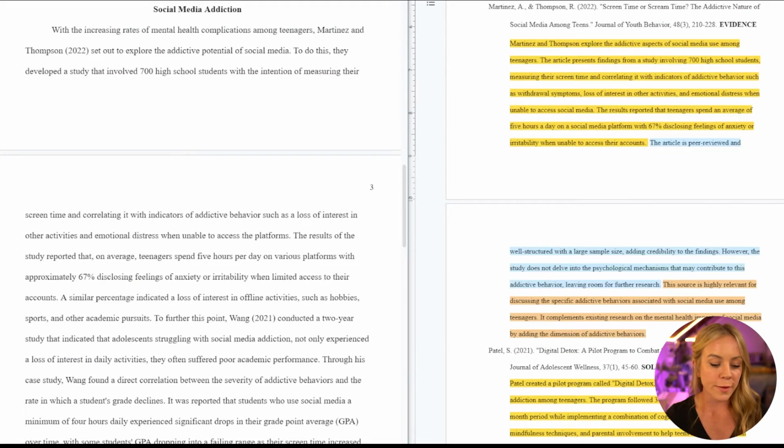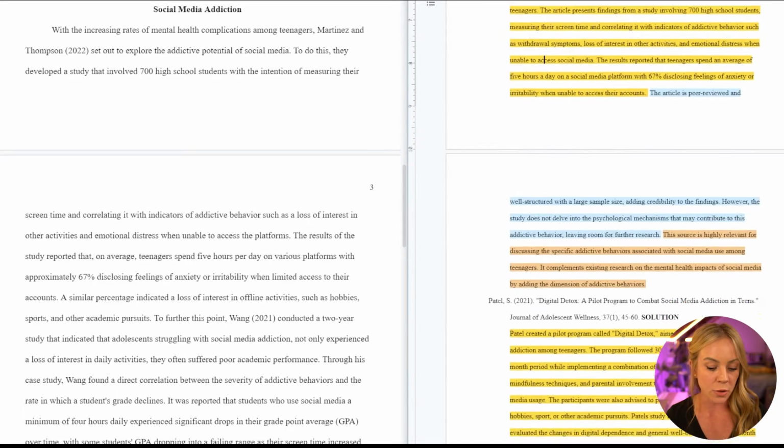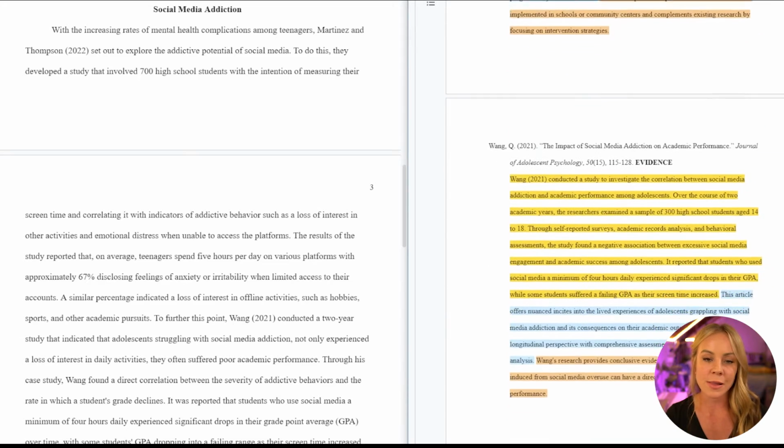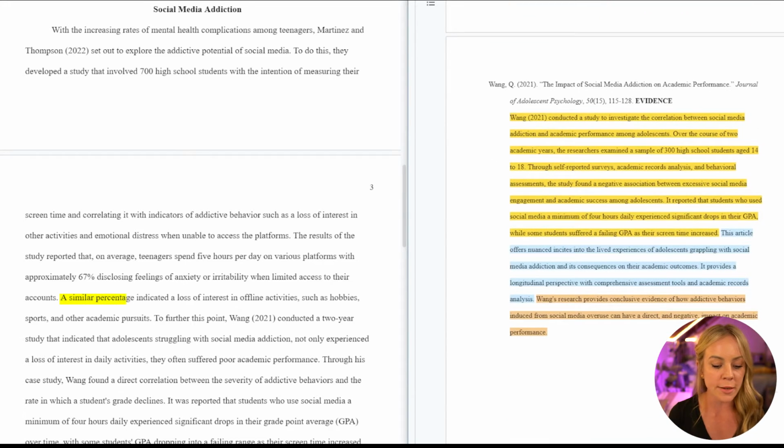So with that, we're finished with the first evidence annotation, and we feel like this is a good point to add in the second evidence annotation because pay attention to the last sentence. It says a similar percentage indicated a loss of interest in offline activities such as hobbies, sports, and other academic pursuits.